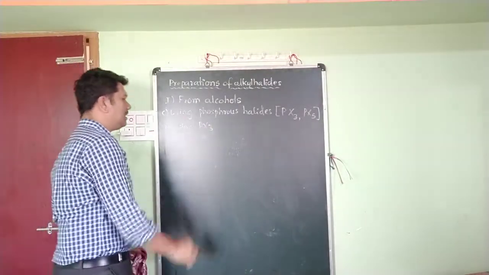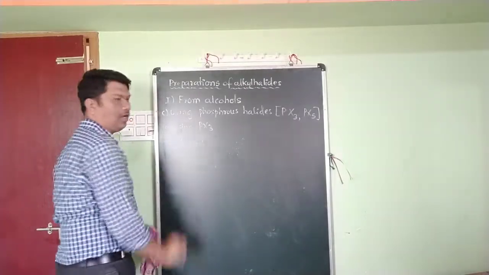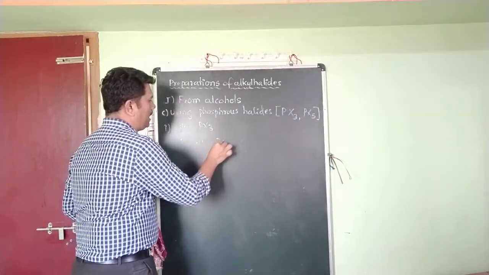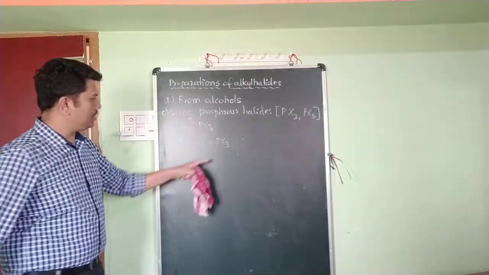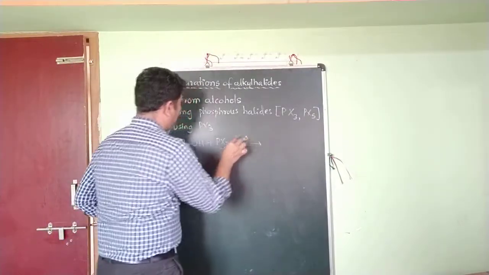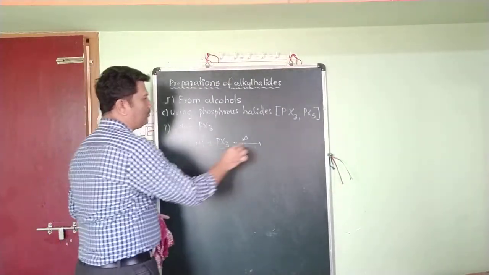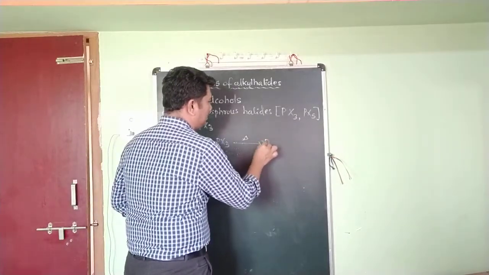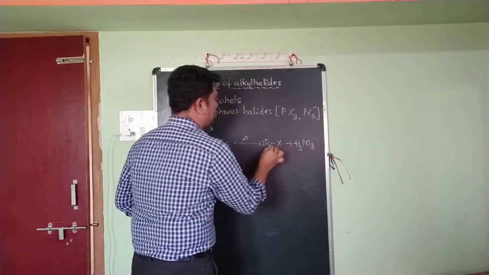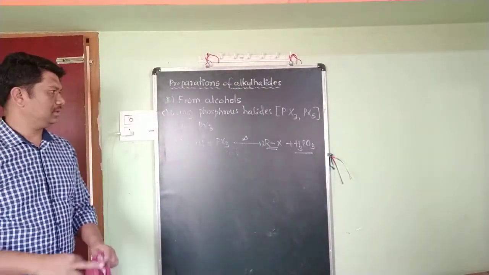How are alkyl halides prepared? See here, you take alcohol ROH. When it is heated with phosphorus trihalide, to form an alkyl halide, 3RX plus H3PO3. This is the alkyl halide, and this one is called phosphorus acid.